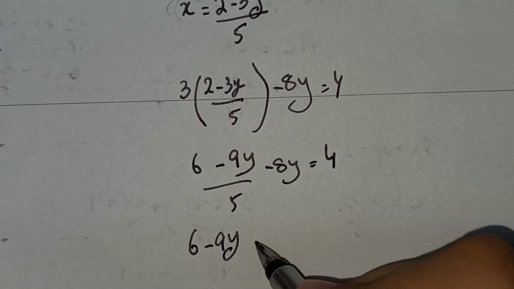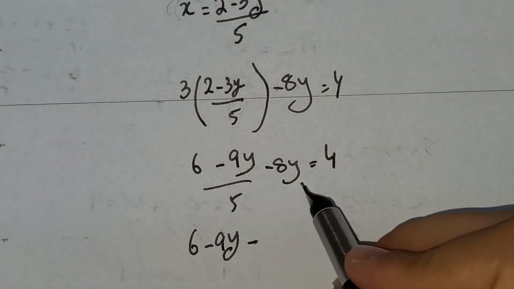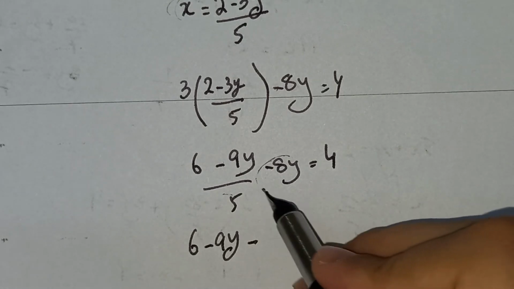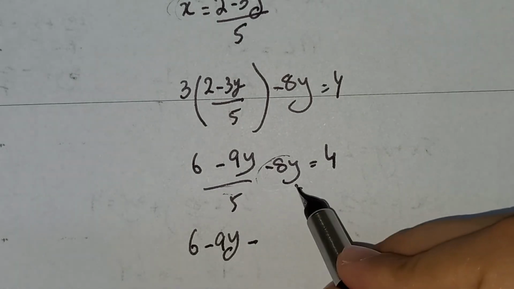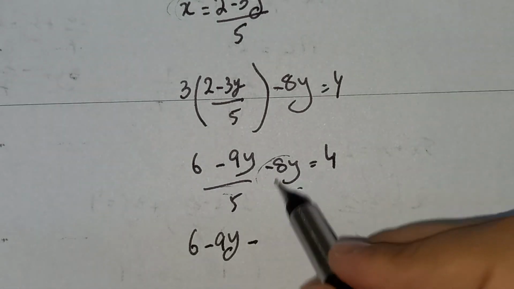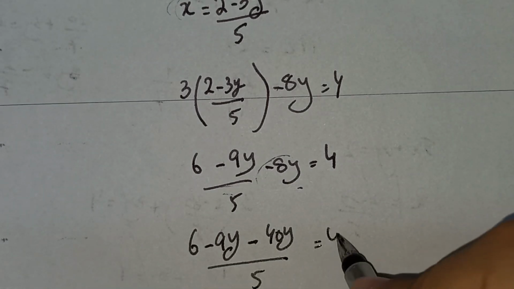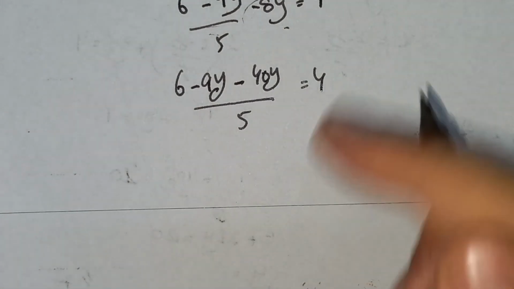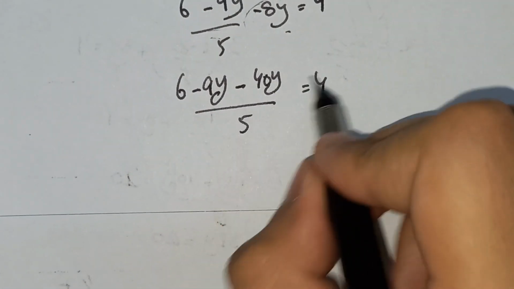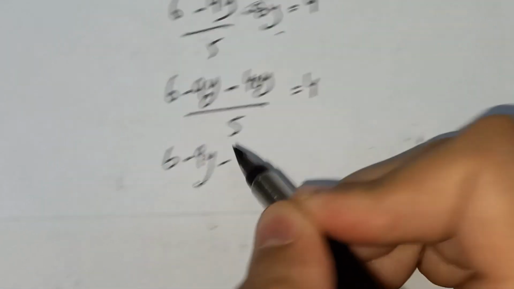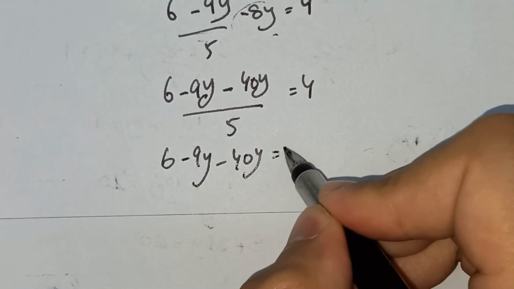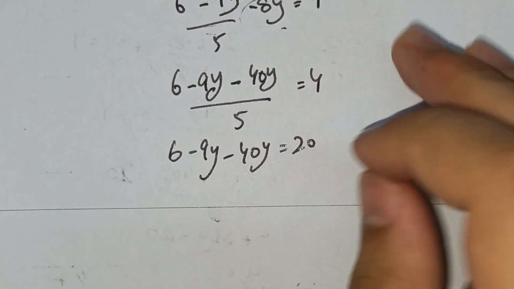Take out the LCM, make the denominator same for all. Over here we don't have, so to make the denominator 5 over here as well, we will simply multiply this by 5 as well. Now we will multiply this over there to make it one simple equation like this.